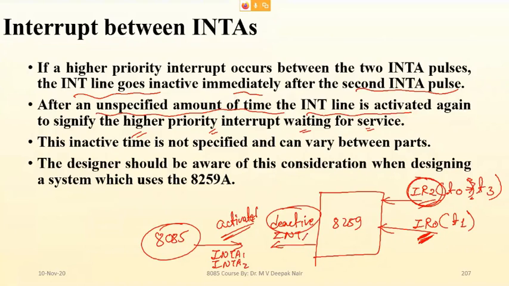This line will automatically be deactivated. That means there is no sense to these previous two INTAs. Now after some time, a new INT will be generated, which tells the 8085, look, previously there was an interrupt of lower priority, now there is an interrupt of higher priority. So definitely you need to pass new three INTAs. Thus the inactive time is not specified and can vary between these two parts. Designers should be aware of this consideration.